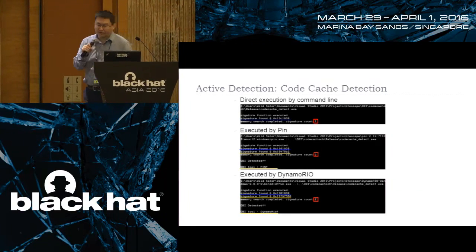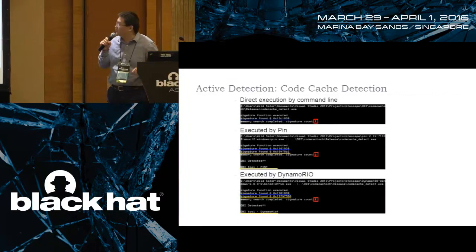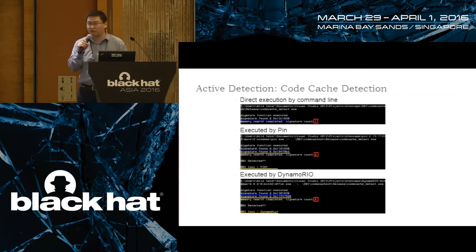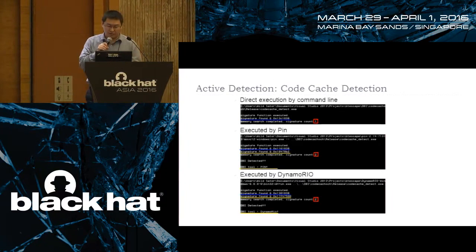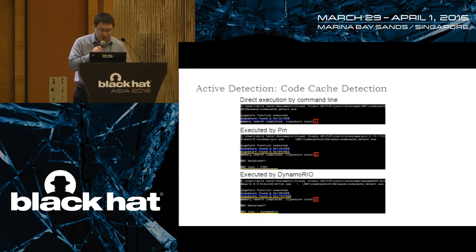For example, here we use code to detect the signature. We can find that in native mode we only have one, of course, because that's the code I designed. But in DBI mode, under PIN or DynamoRIO, we can find two, because that's the way the DBI code cache works, right? Another interesting thing is the value here.